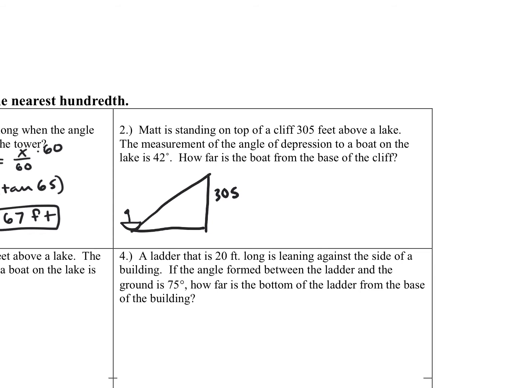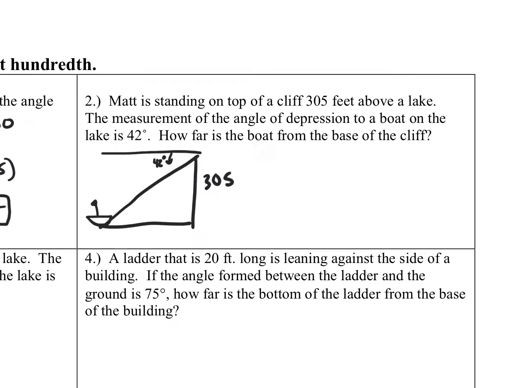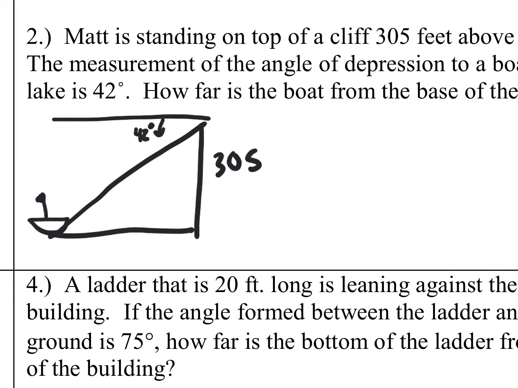So remember, angle of depression is your horizontal line going down. So this is 42 degrees out here. Yeah. Because your angle of depression is going to be outside the triangle. So it's the horizontal line down.